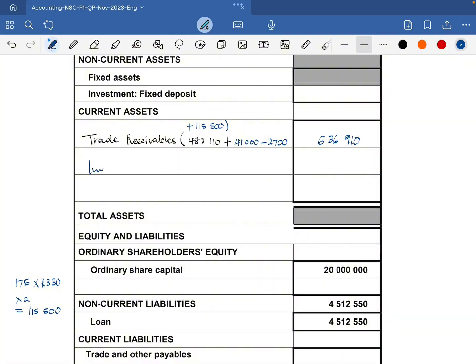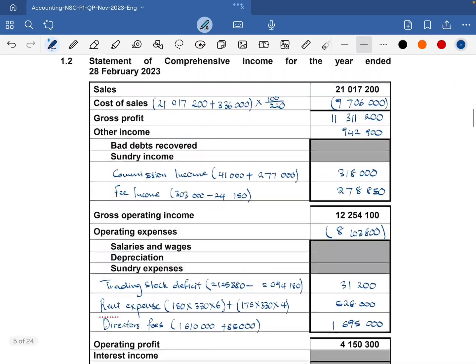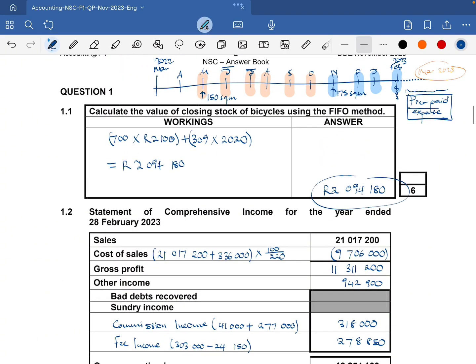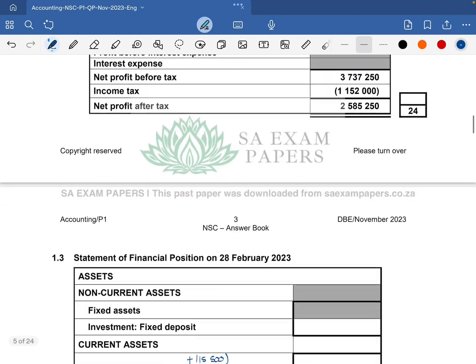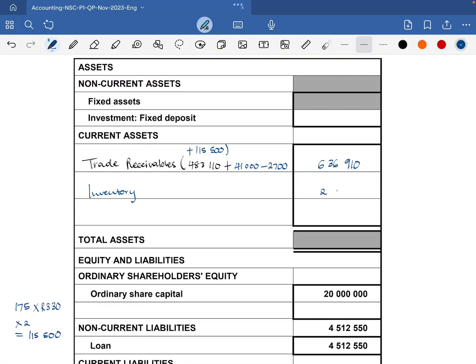Then we have inventory that we calculated. The first thing calculated on this question is 2,094,180. Then we have lastly cash and cash equivalents, which we will determine at a later stage.